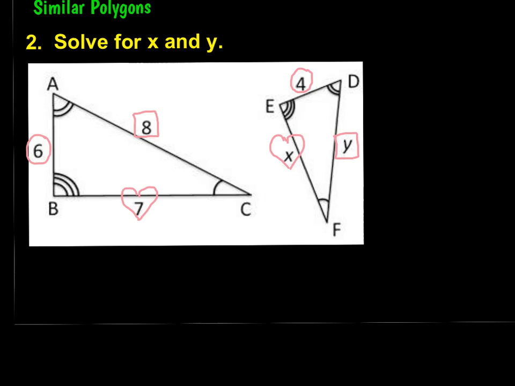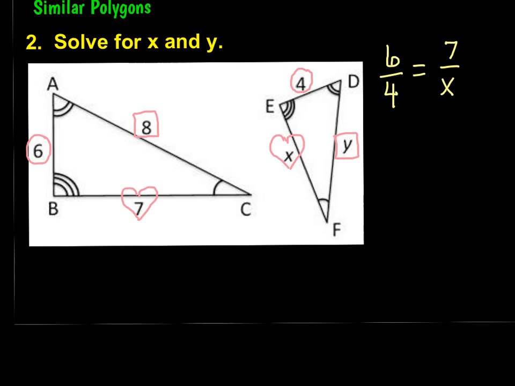Okay, so same as the last problem, to solve for your missing variable, you set up a proportion. Now, you don't want to pick the two that we don't know, so you want to start with a pair that you do know. So we know that 6 goes with 4, so we're going to choose those. 6 over 4 is equal to, and we just have to do one set at a time, we can start with the hearts, so 7 over x.